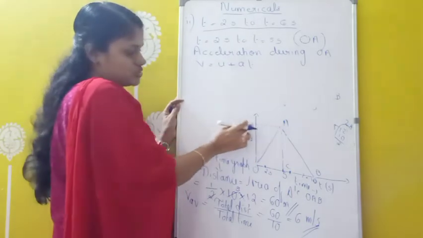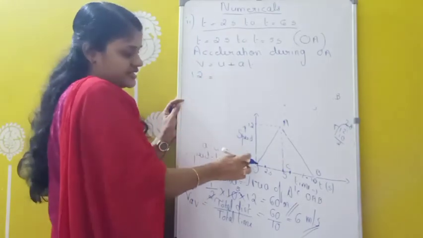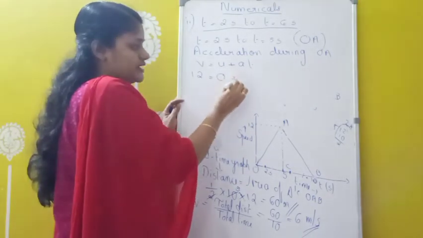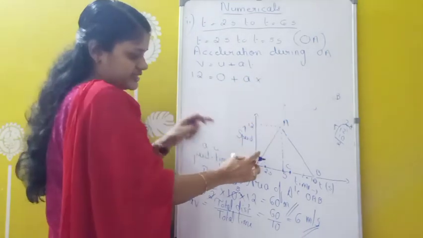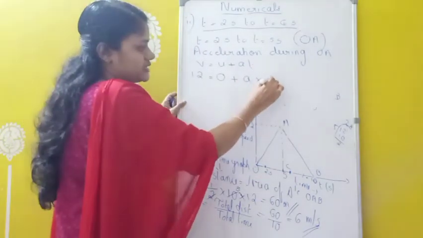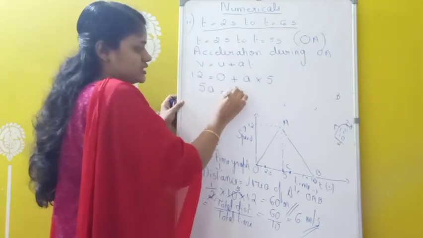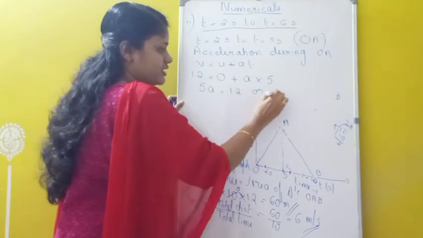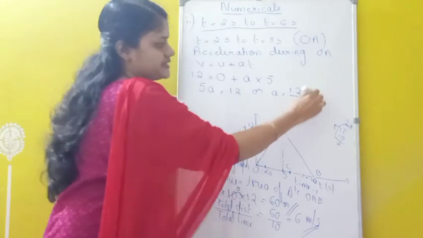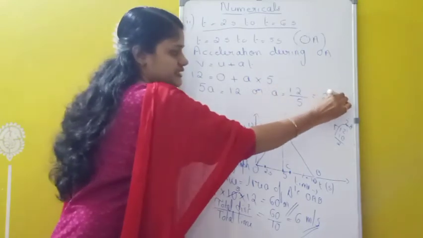At the final point the velocity is 12, so 12 equals the initial velocity, which is 0, plus A into t. The OA part is covered in 5 seconds, so 12 equals 5A, or A equals 12 by 5, which is 2.4 meter per second square.